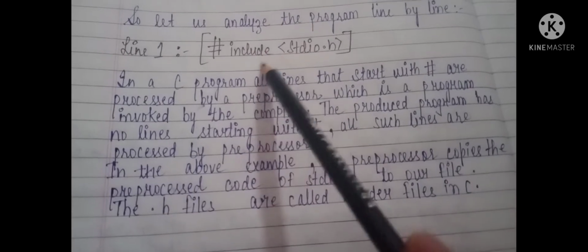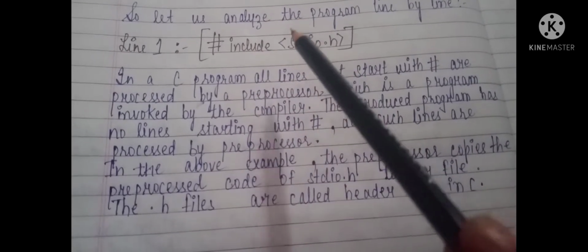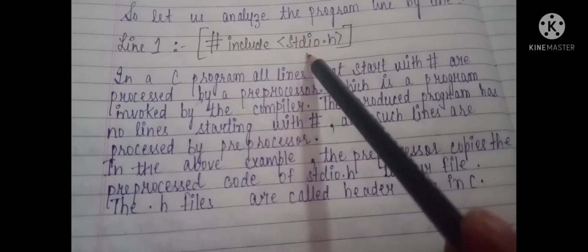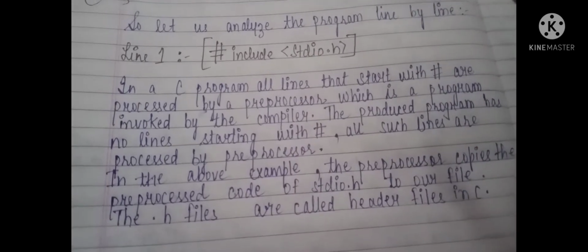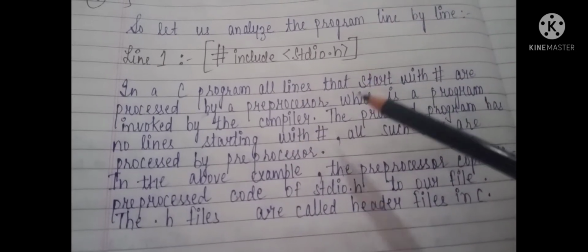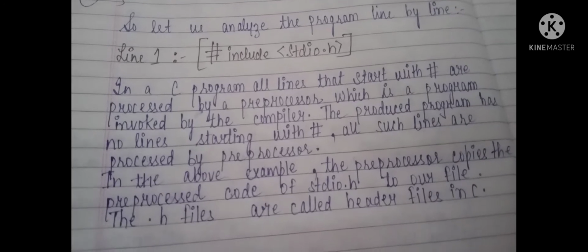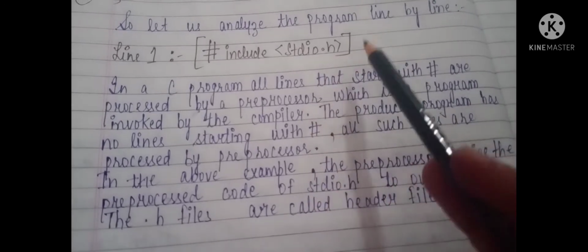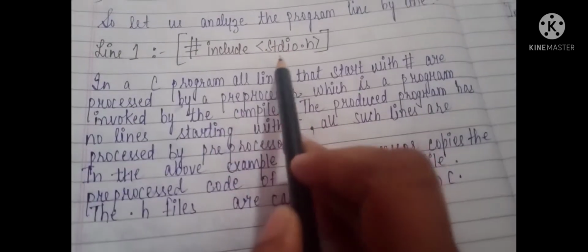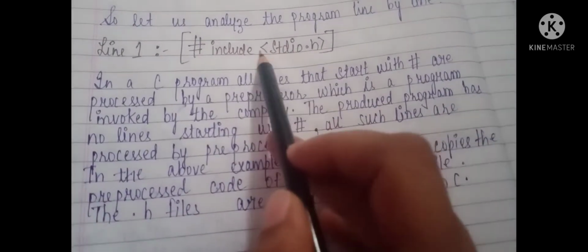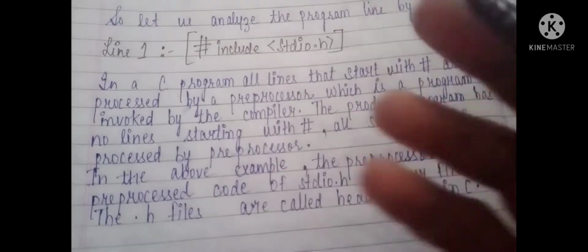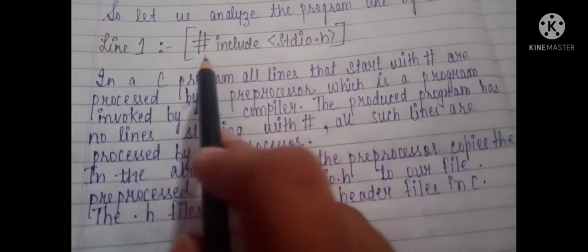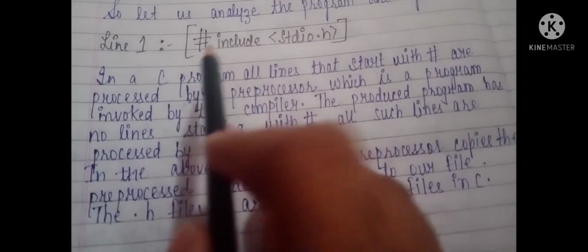So this #include <stdio.h> is the first line where the program starts, and whenever we write any program, whether it is the sum of two numbers or anything else, we will start the program with this only. The header file can change in some cases, but this #include will always be there.